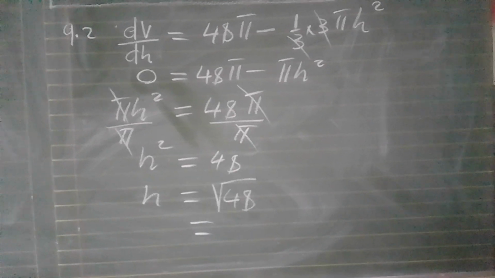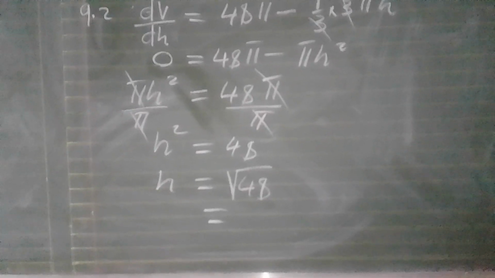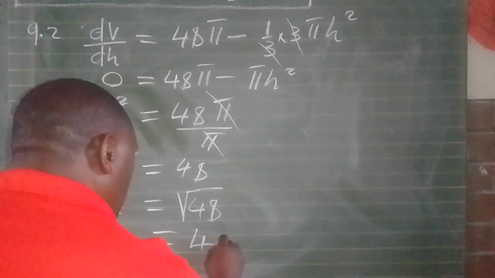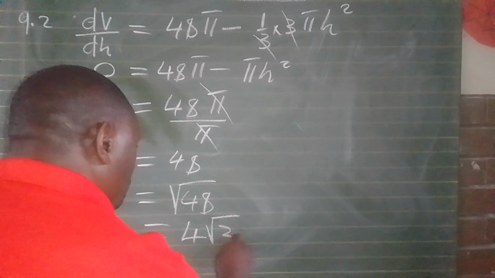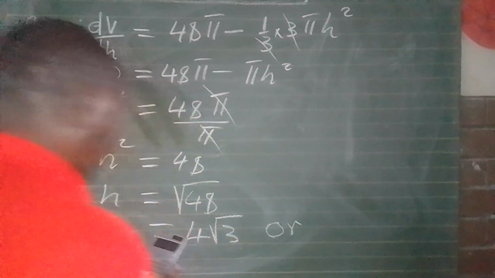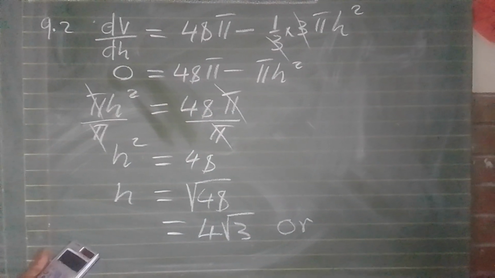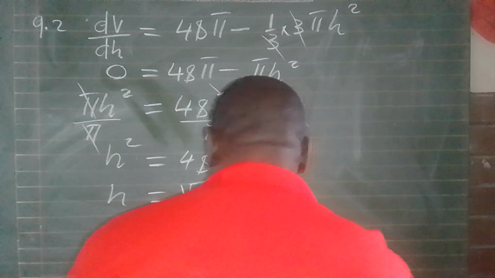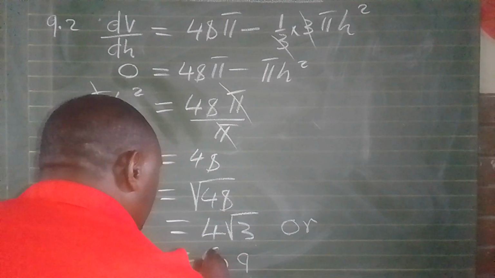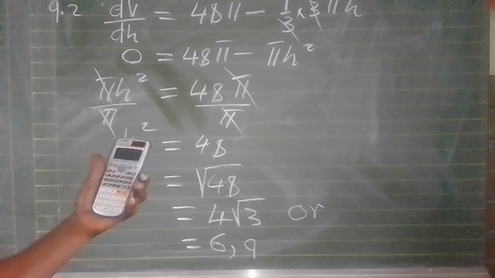The square root of 48 is equal to 4 square root of 3, which is the same as 6.93.